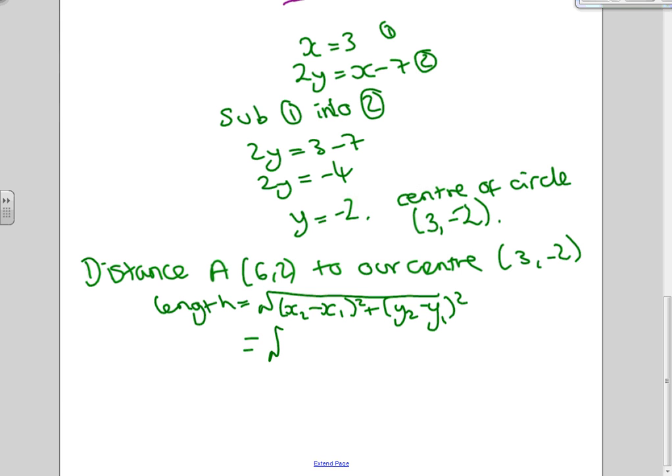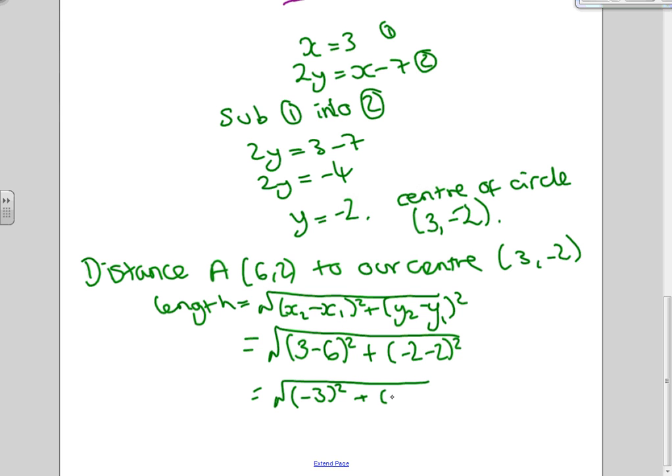So that will give us 3 minus 6 squared plus minus 2 minus 2 squared. So that gives us minus 3 squared plus minus 4 squared, which gives us the square root of 9 plus 16, which gives us the square root of 25, which gives us a radius of 5.